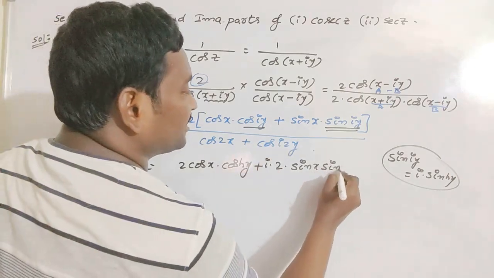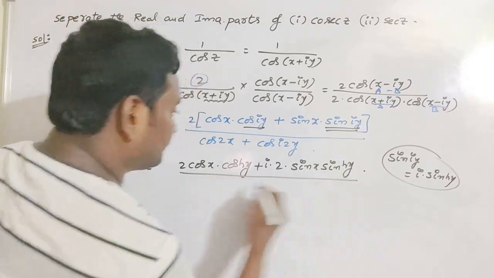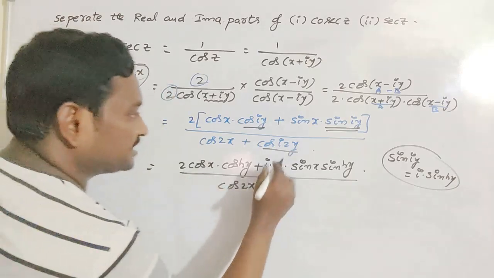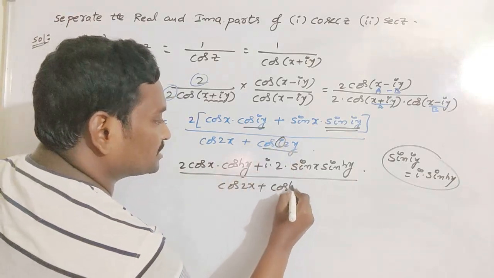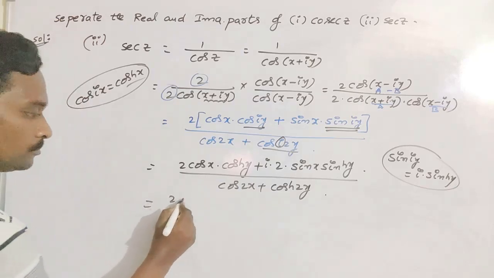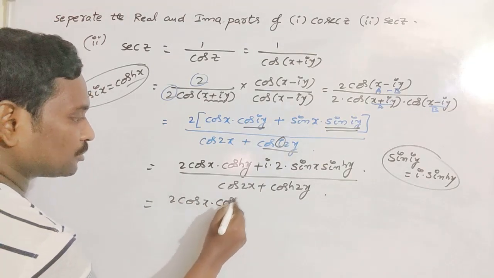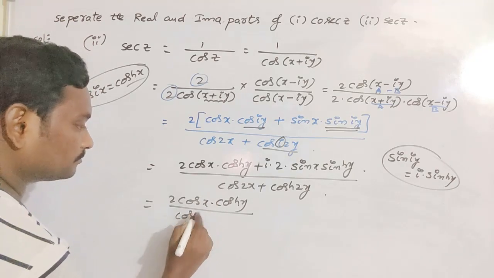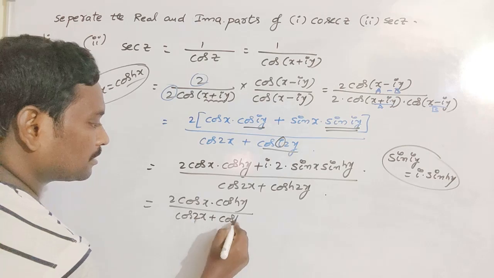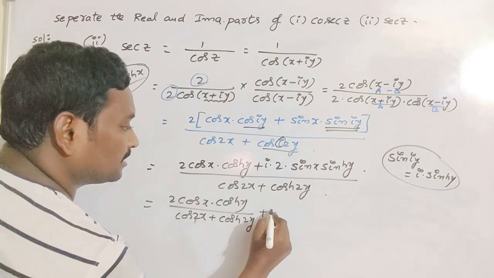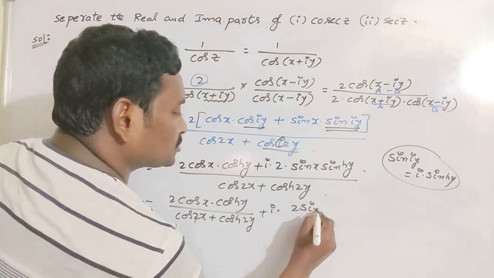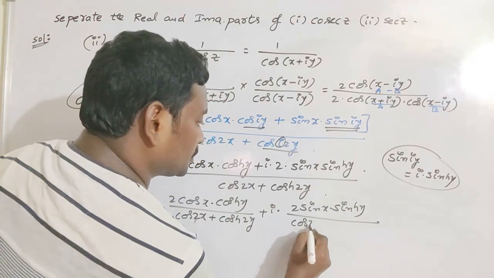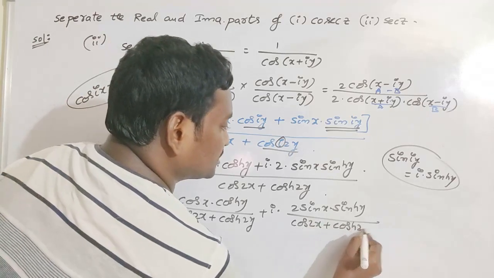You will write sin hy here whole by cos 2x plus, again cos i2y can be written as, just replace i by h only, cos h2y. Separate the terms. 2 cos x into cos hy whole by cos 2x plus cos h2y, plus i into 2 sin x sin hy whole by cos 2x plus cos h2y.